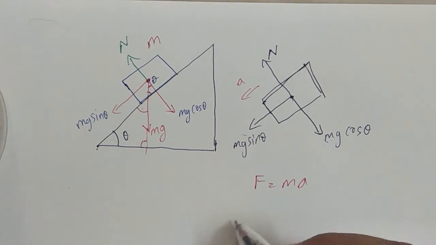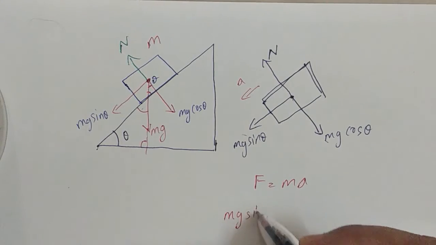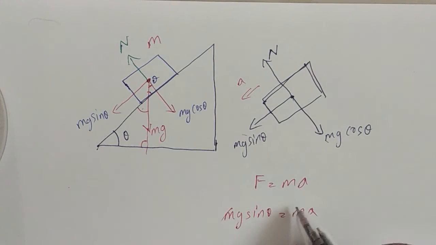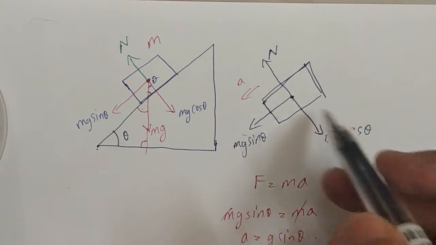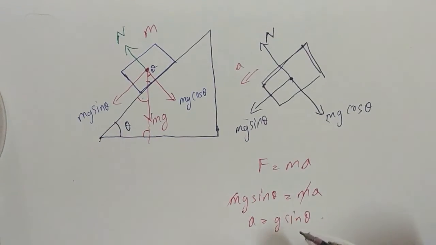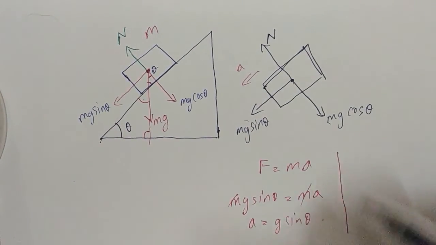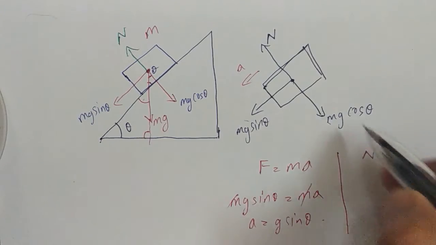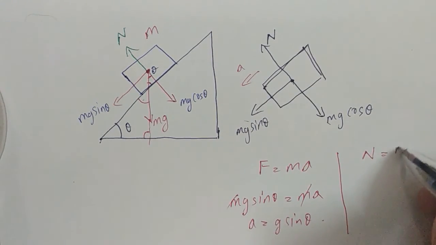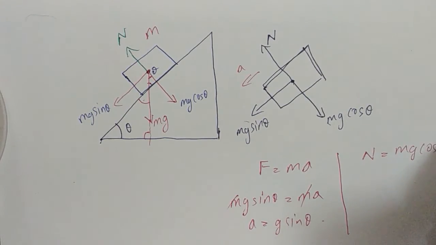Only this force is acting, so mg sin theta is equal to mass into acceleration. The m and m cancel, so the acceleration comes out to be g sin theta. So you can see that the block is sliding in this direction with an acceleration of g sin theta, and in this direction we can equate N equal to mg cos theta.